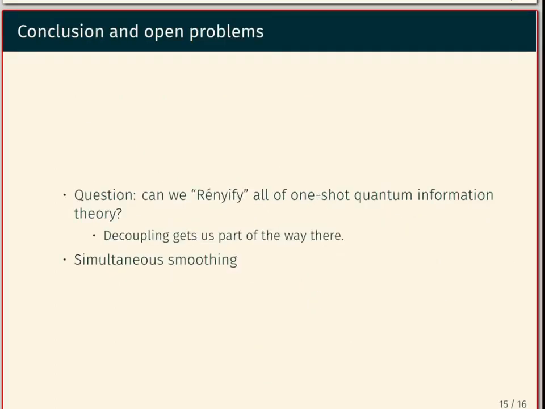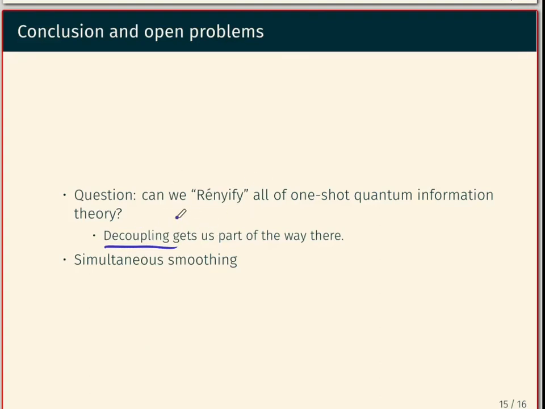And finally, I'd like to conclude with some open problems. The first one is whether we can also Rényify all of one-shot quantum information theory. And by this I mean essentially doing the same thing I did in this talk, but for problems beyond privacy amplification and decoupling. Now the fact that this works with decoupling gets us part of the way there, in the sense that decoupling itself can be used to prove all kinds of other results.